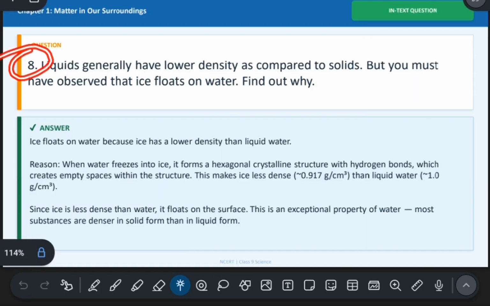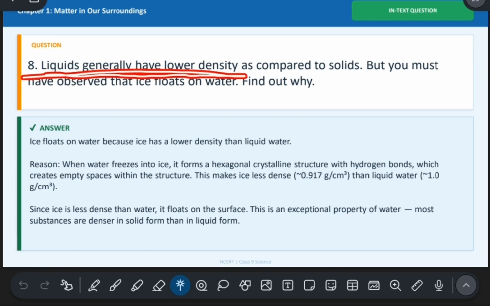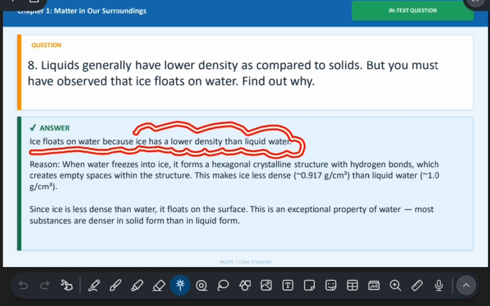Now question number 8 for in-text question. Liquids generally have lower density as compared to solids. But you must have observed that ice floats on water. Find out why. Ice floats on water because ice has lower density than liquid water.